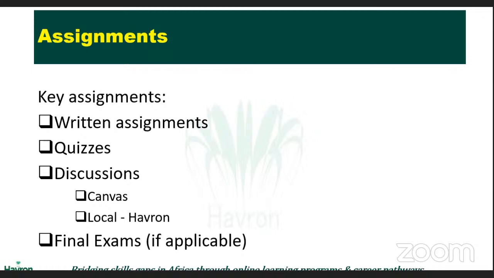Now, there are final exams if the course requires that. And I think so far, it's Epidemiology and Clinical Management of HIV that has final exams. For this particular course, leadership and management in health, there are two key major assignments, and those come towards the end of the course.